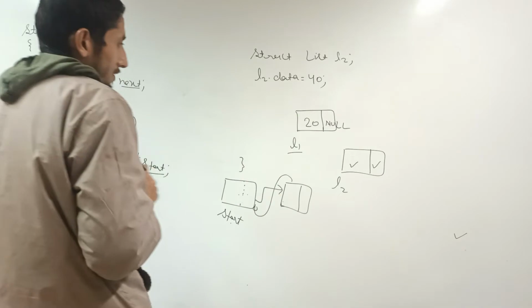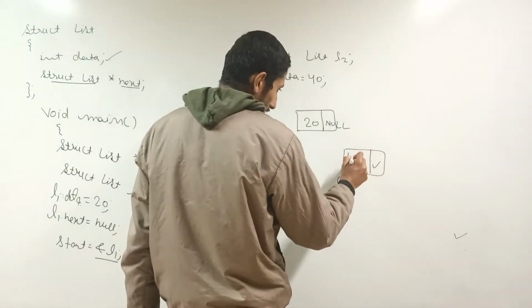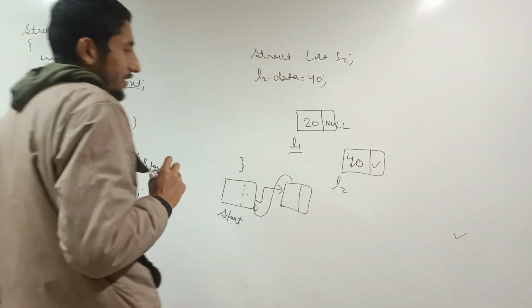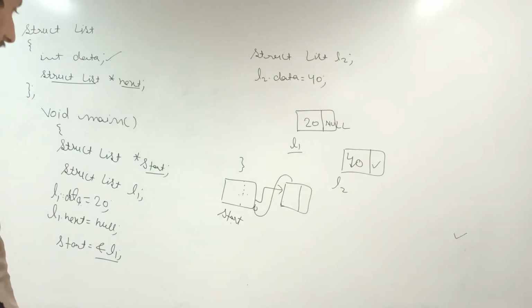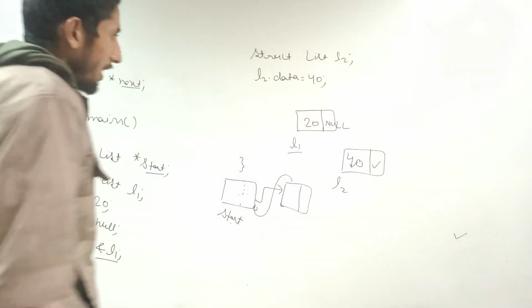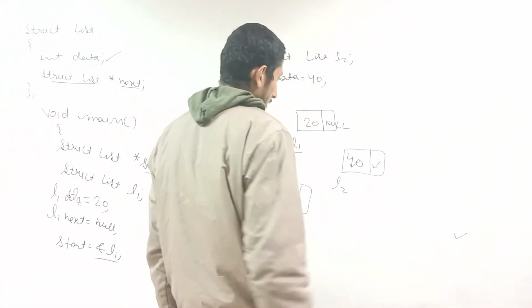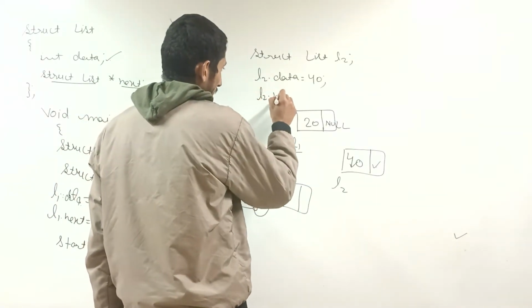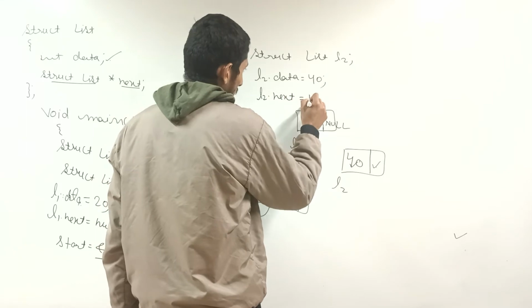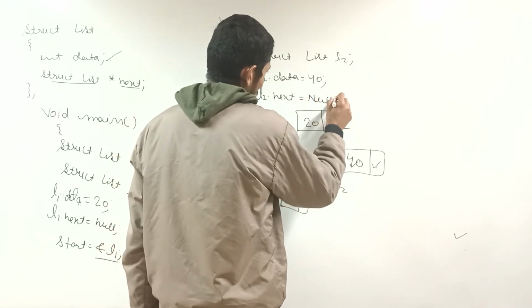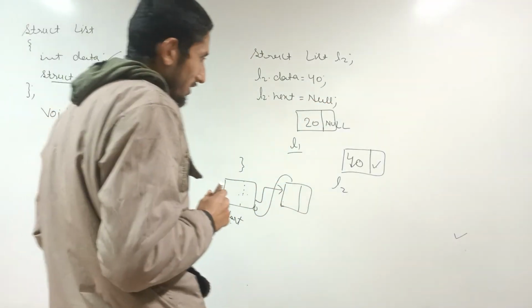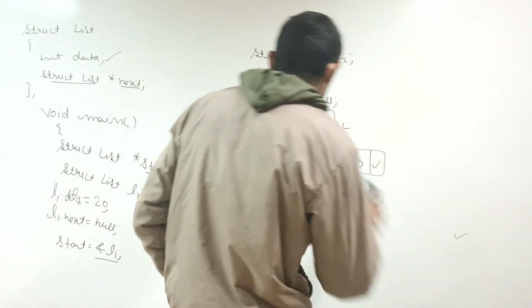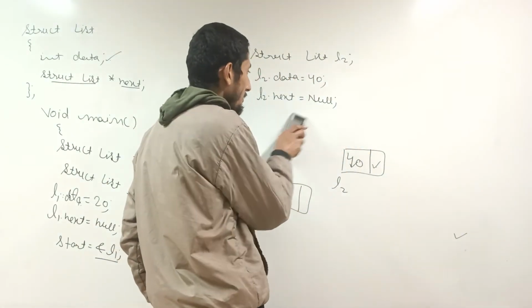I have put 40 in this one. Then I have to put null here, the end of the list. So I can write L2 dot next equals null. I have put a null pointer.